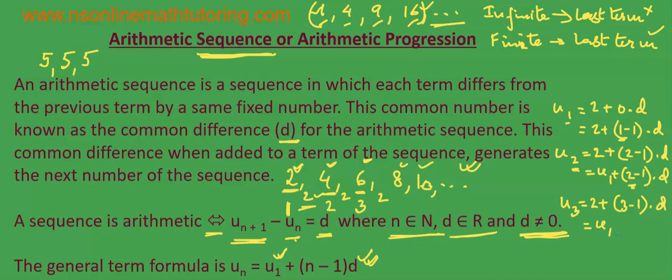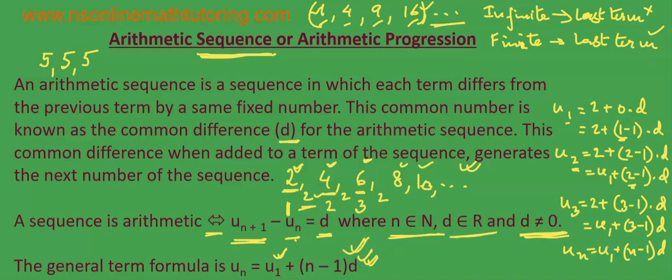So we are getting the correct formula. So it is (3 minus 1) times d. Therefore, obviously we may write in place of 3, if I take the subscript as n, it is the nth term, or un, which is equal to u1 plus (n minus 1) times d. So we have verified this formula.